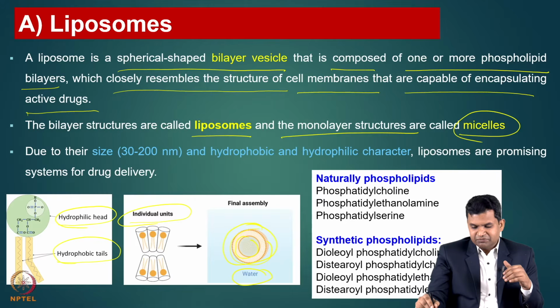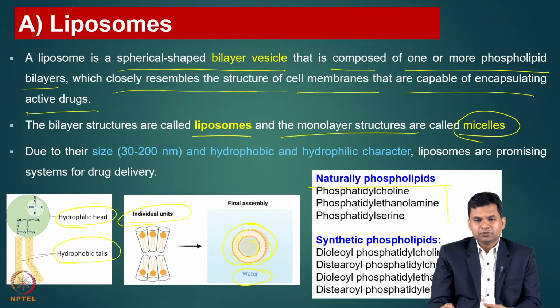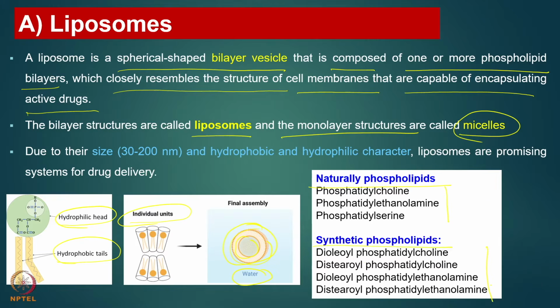Now, these are some lipid examples. Here you can see the natural phospholipids and the synthetic phospholipids: phosphatidylcholine, phosphatidylethanolamine, phosphatidylserine, and various phosphatidylcholines which are synthetic in nature.